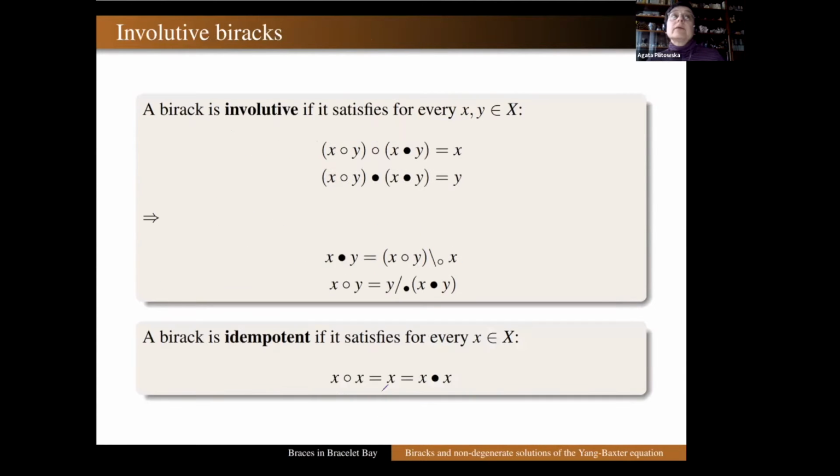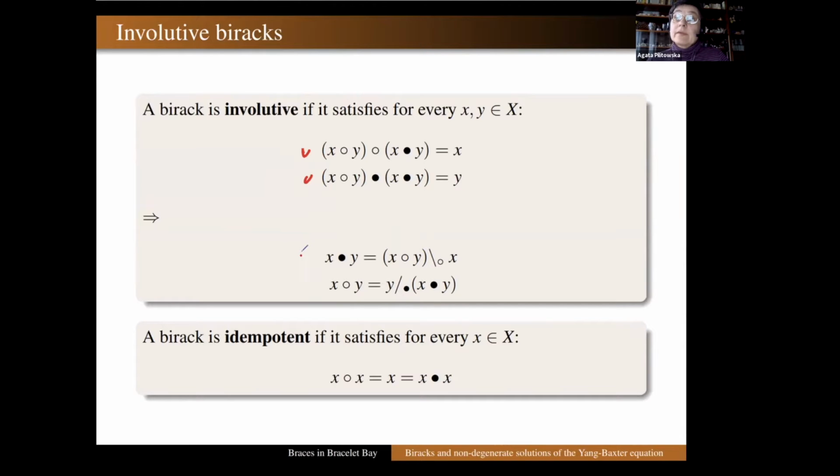If our Birack satisfies some additional identities, for example, if these 2 are satisfied, we call such a Birack involutive. In this case, we can note that the second multiplications are uniquely determined by the first one and divisions.